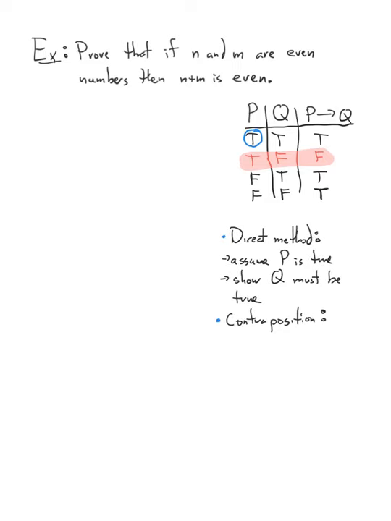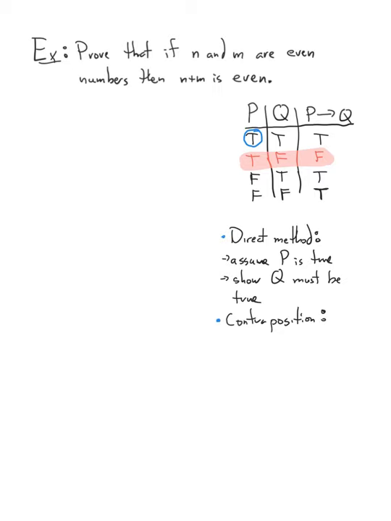But again, we want to show that we're never in this row, so that's if P is true and Q is false. So if P is true, we want to show that Q has to be true, that Q can never be false. But we can kind of do it the other way. Well, instead of assuming P is true, we can assume that Q is false and show that P is never true, that P must be false.